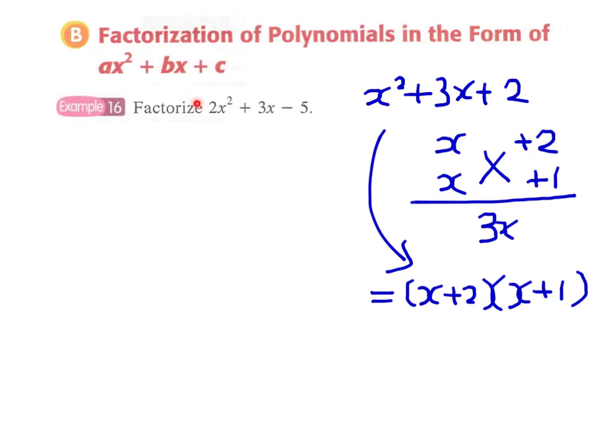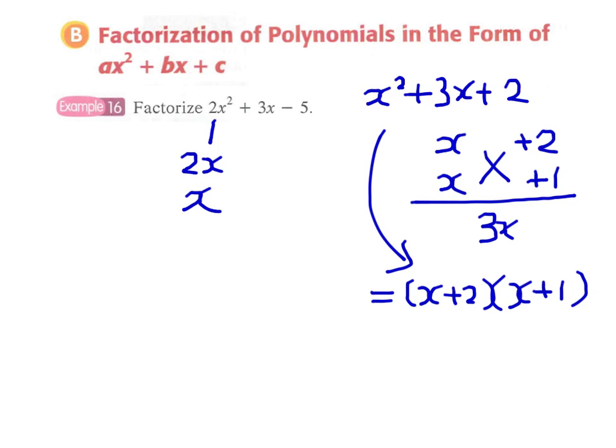And we will have two terms making up the 2x squared. We have 2x times x giving 2x squared. And let's see what will happen to the total number of factor pairs in the factorization process.